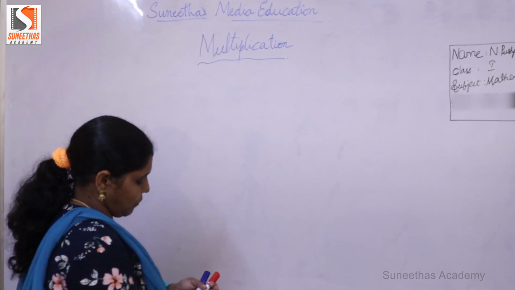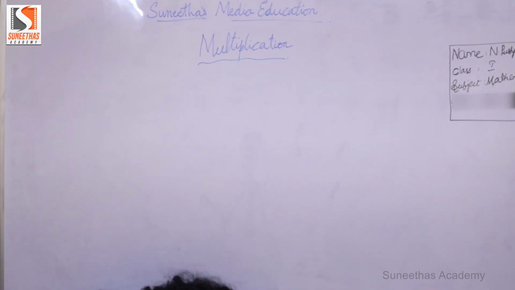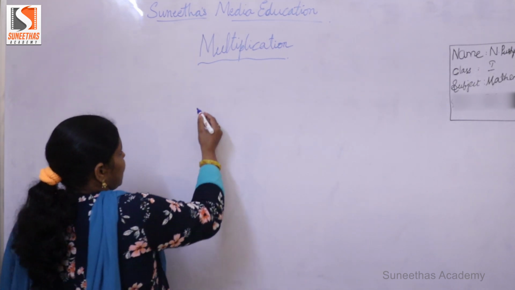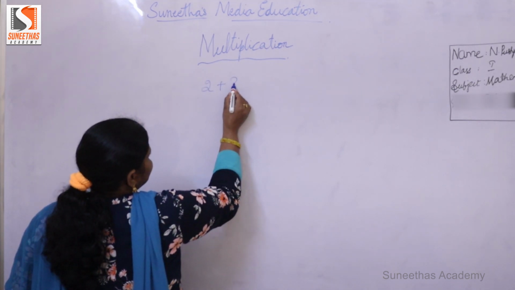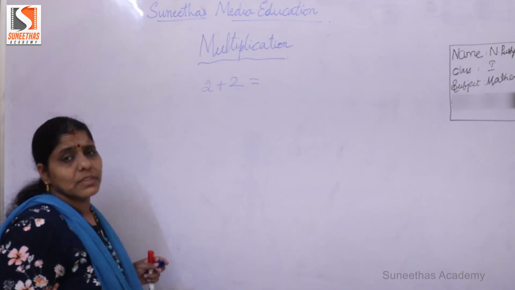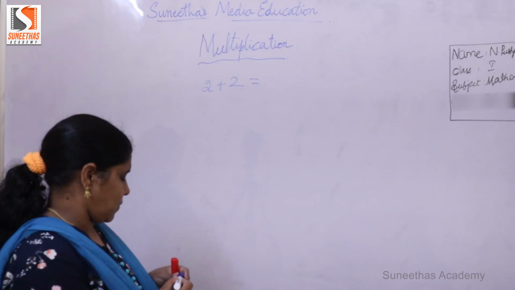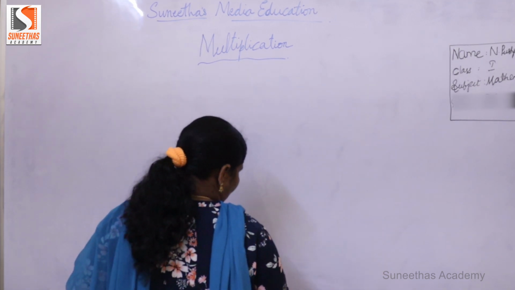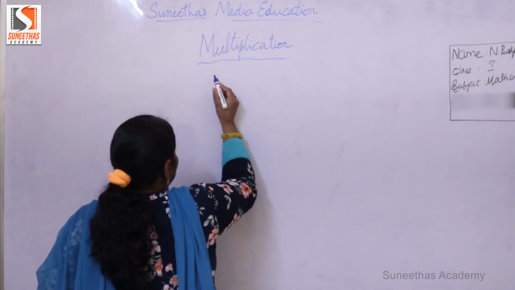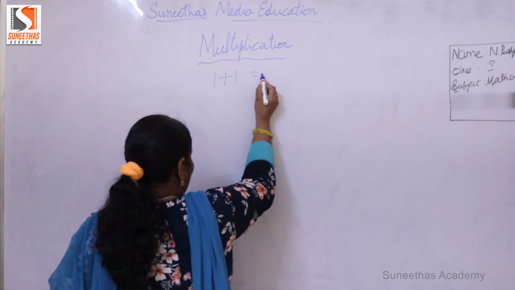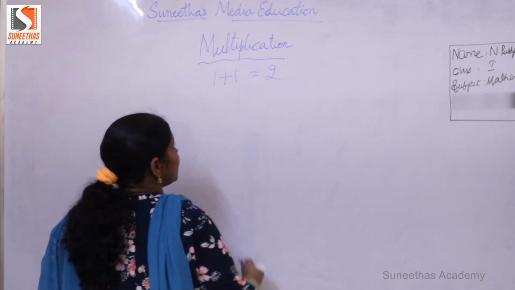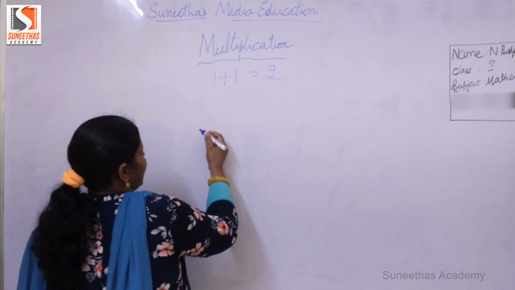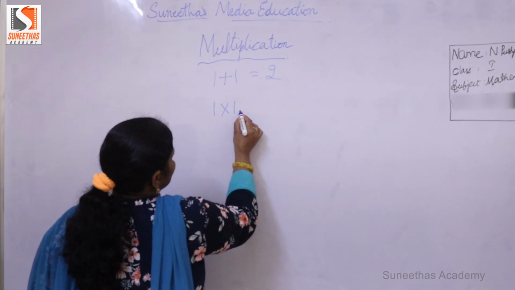Whereas in addition, if you add 2 things, it will double. Yes or no? No. If you add 1 plus 1, you get 2. But in multiplication, 1 times 1 is only the same number 1.